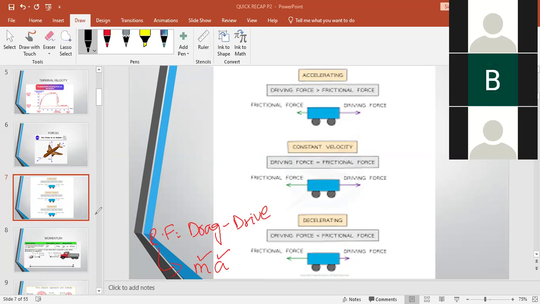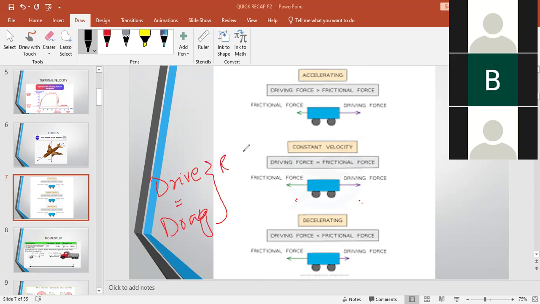Now let's talk about the resultant force when it is zero. When the resultant force is zero, it means that both the forces are equal to each other. At this condition, the resultant force will be zero, the acceleration will be zero, and the object will move with constant velocity.